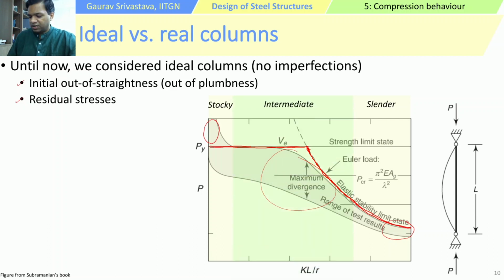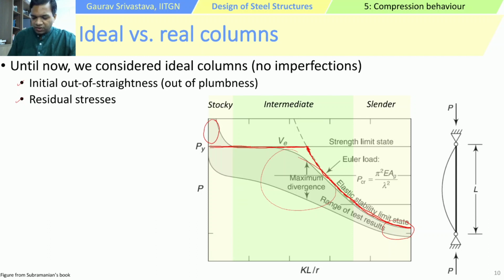But in an intermediate range of slenderness ratios, these imperfections have a large significance. And it turns out that most of the columns which are used in practice, which means which are economically used in construction, fall in the intermediate stage. So in general, it is very important to consider these departures of real columns from the ideal curve.